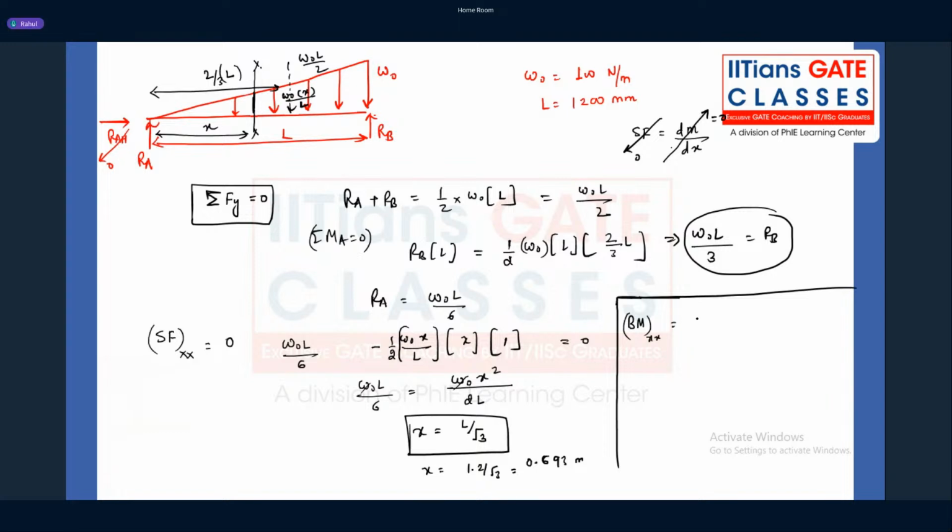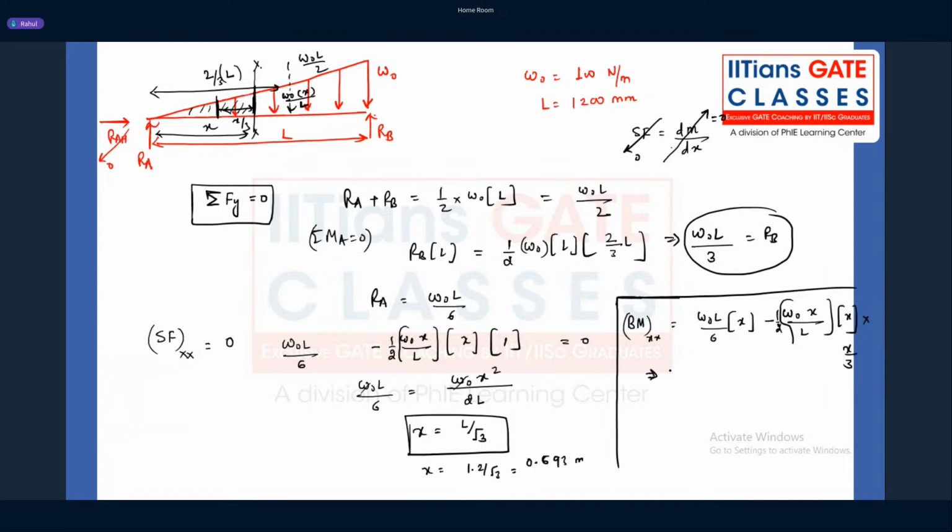First of all, W naught into L over 6 into X minus W naught into X by L, half of that into X. What is the bending moment because of this portion with respect to X? It is X by 3, guys, into X by 3.